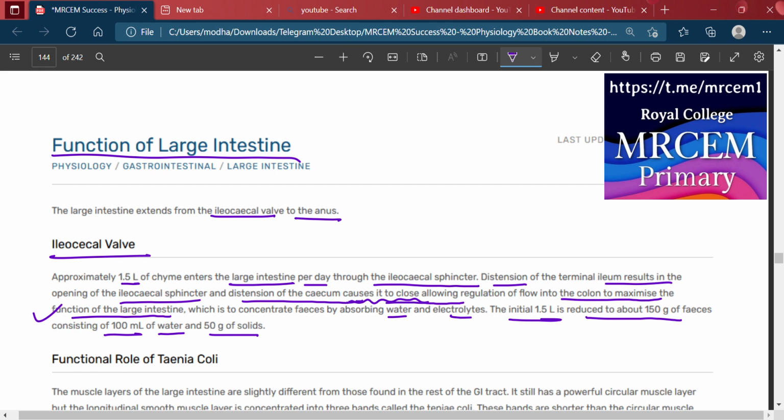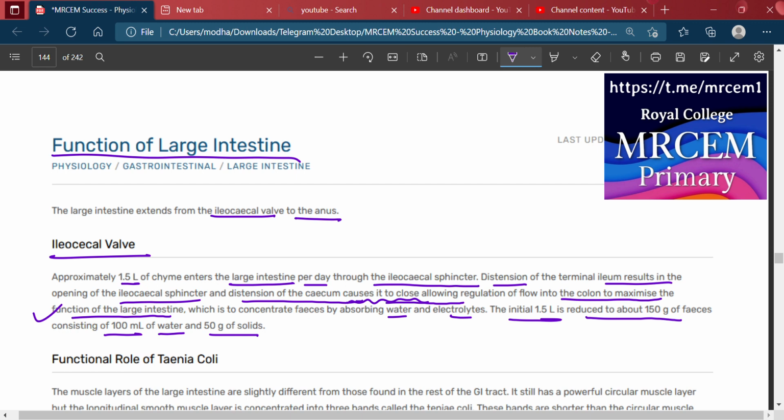So this 1.5 liters of material will go into the colon, where the absorption of water and electrolytes will occur, and this 1.5 liters will convert into 150 grams of feces, which consists of 100 ml of water and 50 grams of solid.